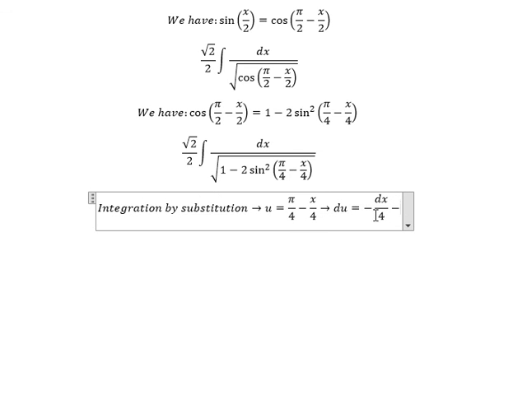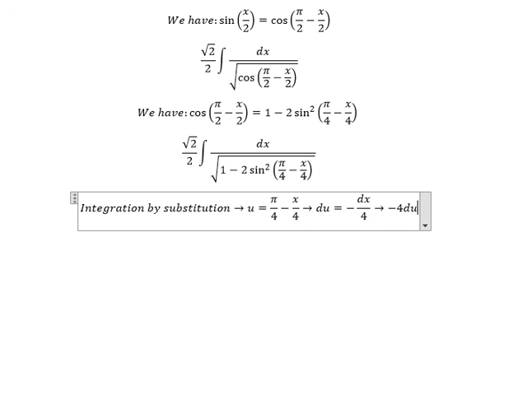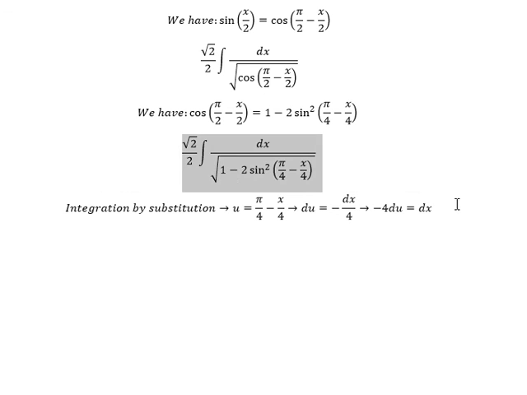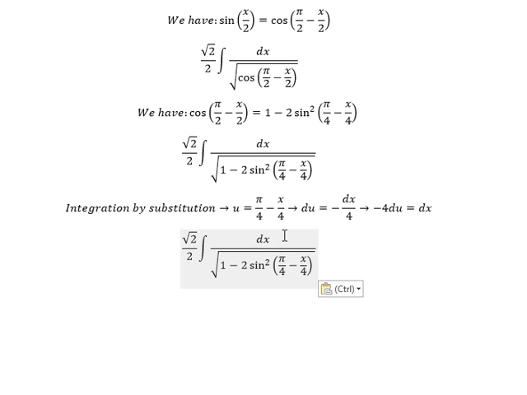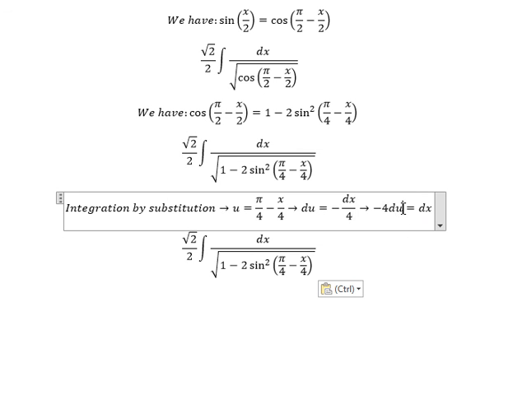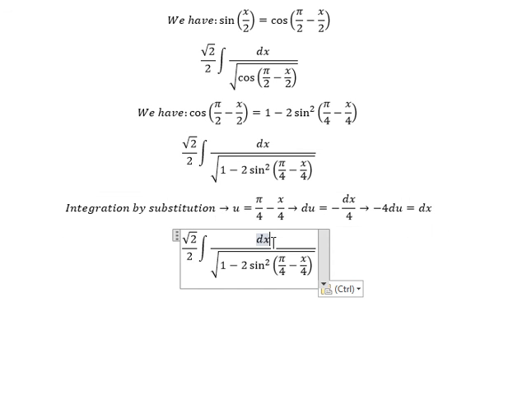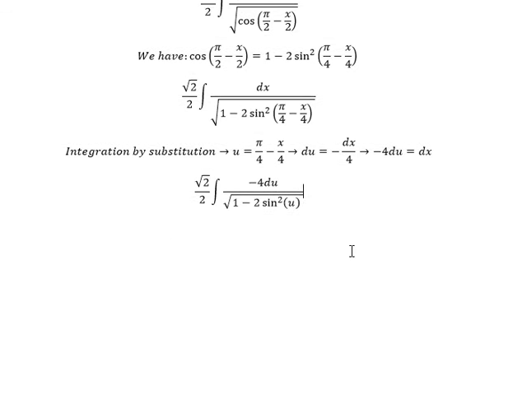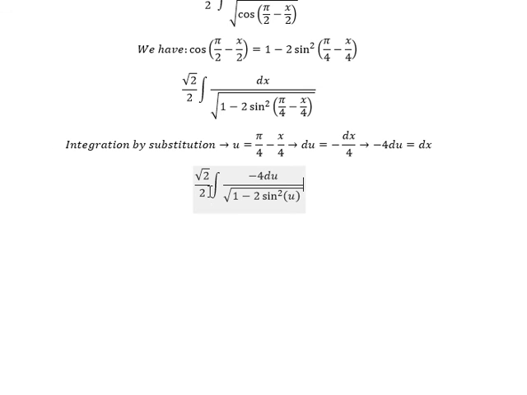Because we don't have the negative number 4, we multiply both sides with negative number 4. ds we change for this one. And this one we change for u. Negative number 4 multiplied with number 2. So you got the square root of 2 with negative 2.